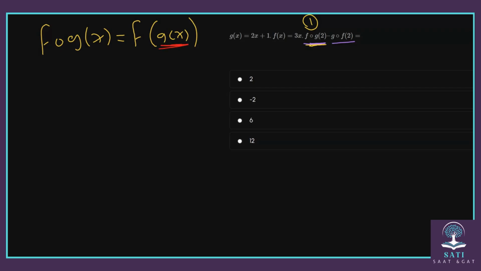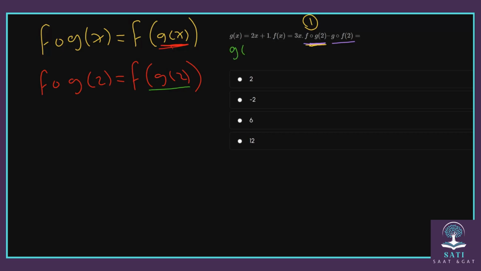That means now you need to find g of this one. But here now, they are talking about when x is 2. So when they are talking about f of g of 2, we can rewrite it like f of g of 2. That means we need to find first what is g of 2, then the result we put inside the f. Okay, now we go to find g of 2.